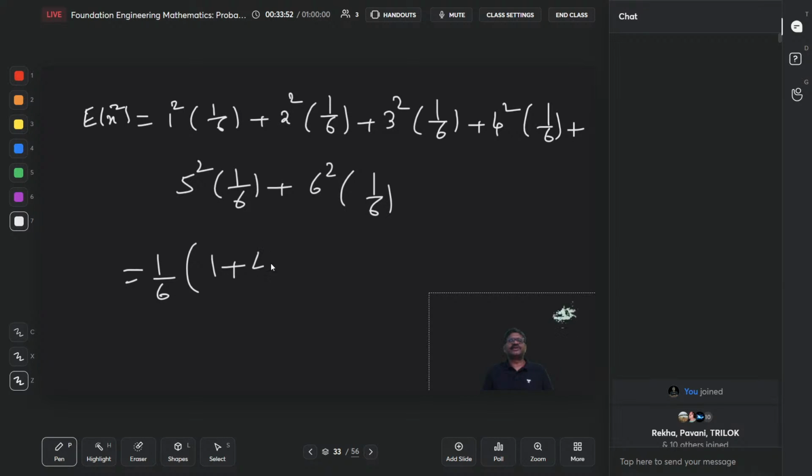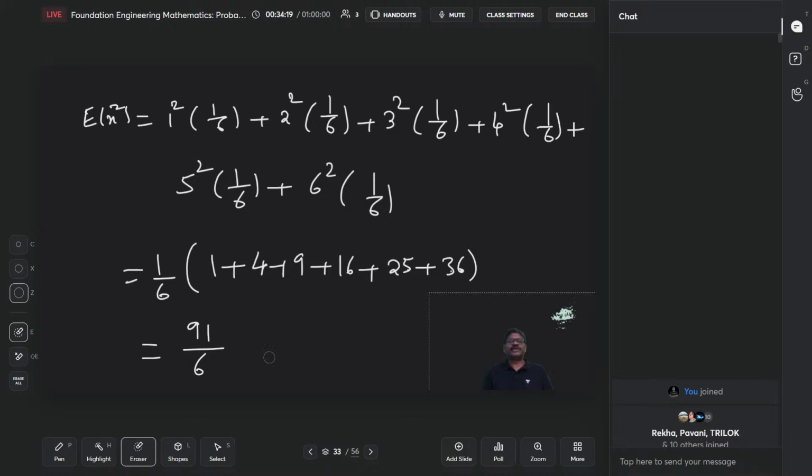That is 1 by 6 of 1 plus 4 plus 9 plus 16 plus 25 plus 36. 14 plus 16, 30. 30 plus 25, 55. 55 plus 30, 85. 85 plus 6, 91 by 6. Now we have to calculate variance.